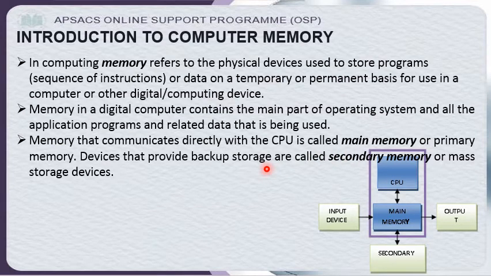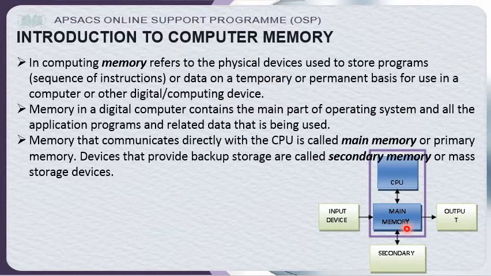Memory that communicates directly with the CPU is called main memory. In a previous point, I explained that the memory which directly communicates with the CPU is known as the main memory, or another name for that is the primary memory.